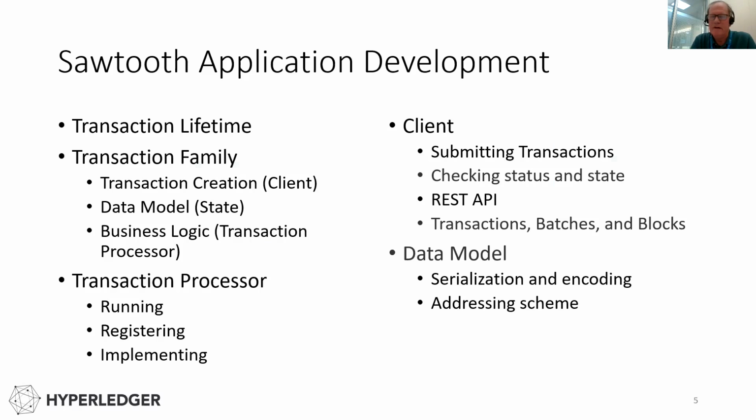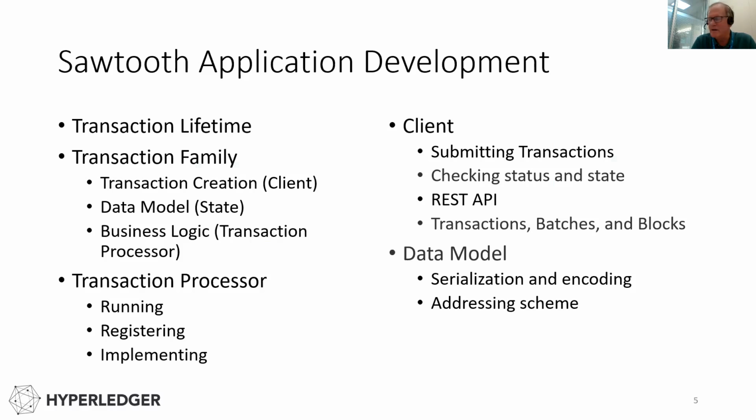So application development. There are concepts of the transaction lifetime, the transaction family, transaction processor, client, and data model. So the lifetime of the transaction is when it's created and consumed by the transaction processor. A transaction is created by a client.